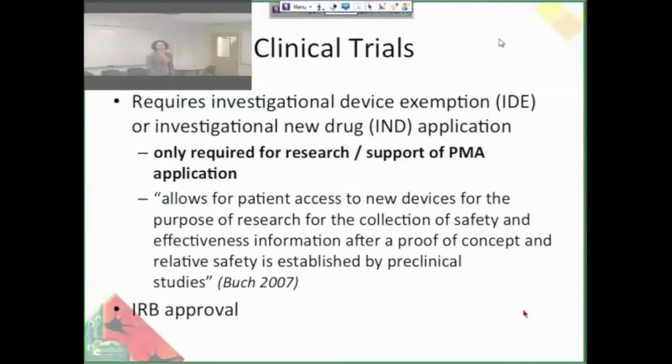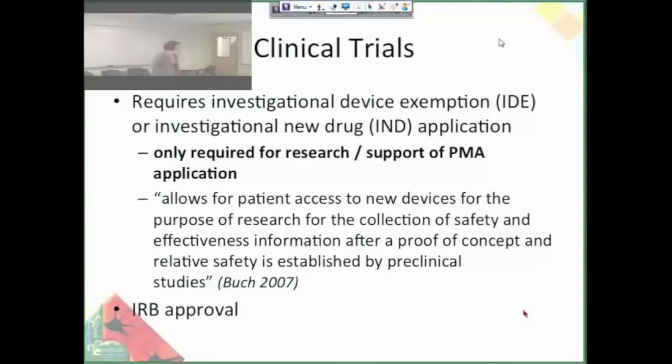So I keep talking about the IRB. The IRB is the Institutional Review Board, so every place that does clinical trials, usually affiliated with universities, but it doesn't even have to be, has an institutional review board that needs to approve human trials. And this is to protect the patient rights, especially to make sure that you've achieved informed consent and also to protect their privacy, to make sure that everything you're doing is safe and doesn't cause any undue harm.